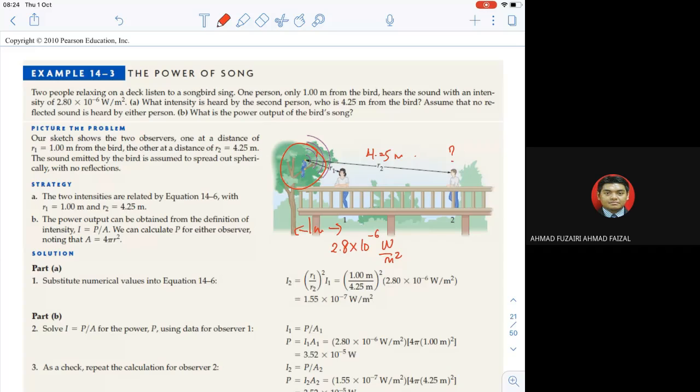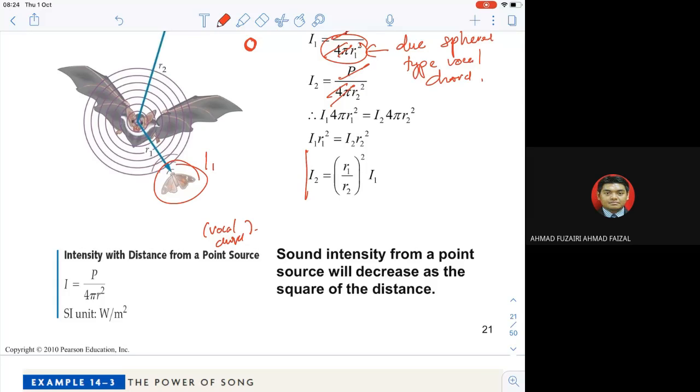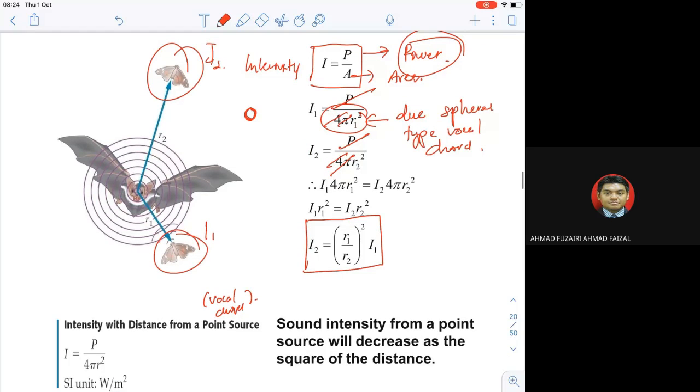So we need to use the equation I2 equals I1 times R1 over R2, all squared. This is actually the derived equation from I equals P over A. For intensity one, it is power one over area one.